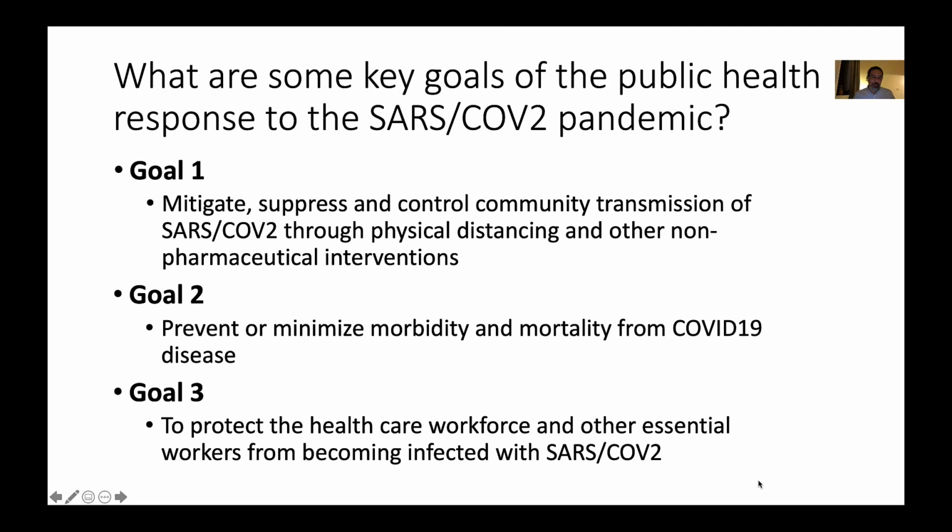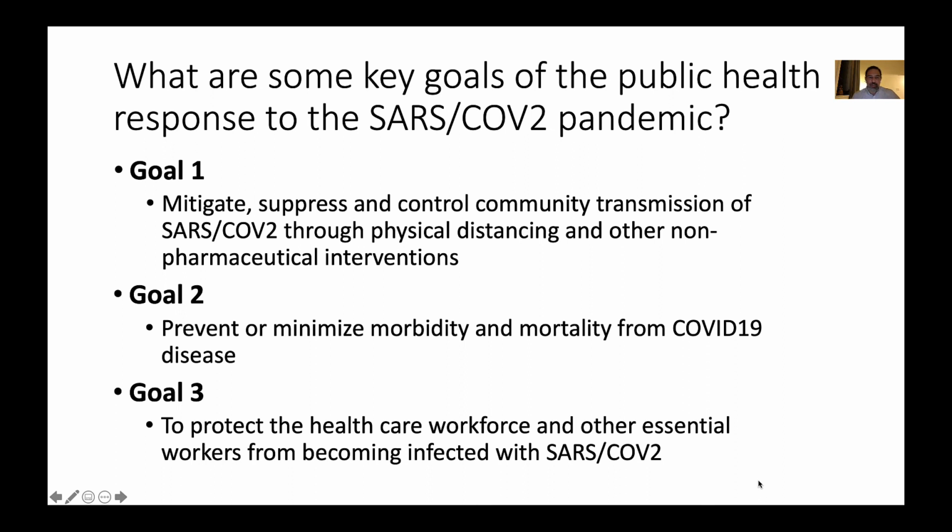So we articulated what we felt were three key goals. Of course, there are many goals to the public health response to the SARS-CoV-2 pandemic. The first one we put out there was to mitigate, suppress, and control community transmission of the virus through physical distancing and other non-pharmaceutical interventions. There's no vaccine, there's no treatments, and so really the only tools that we had from a public health standpoint were non-pharmaceutical interventions.